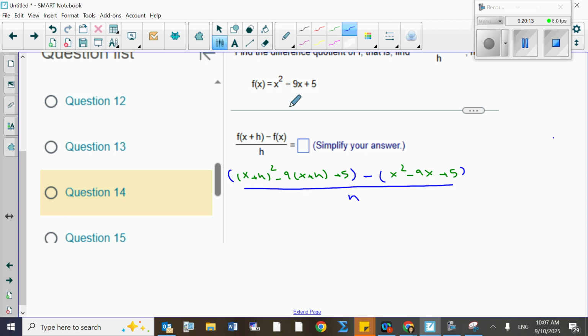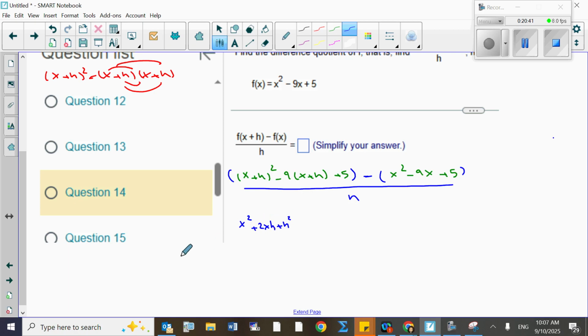Now let's see what each of these is. x plus h squared, I'm going to write that here, x plus h squared is x plus h times x plus h. So when you distribute and simplify, you're going to end up having x squared and an h squared here, and here plus 2xh.